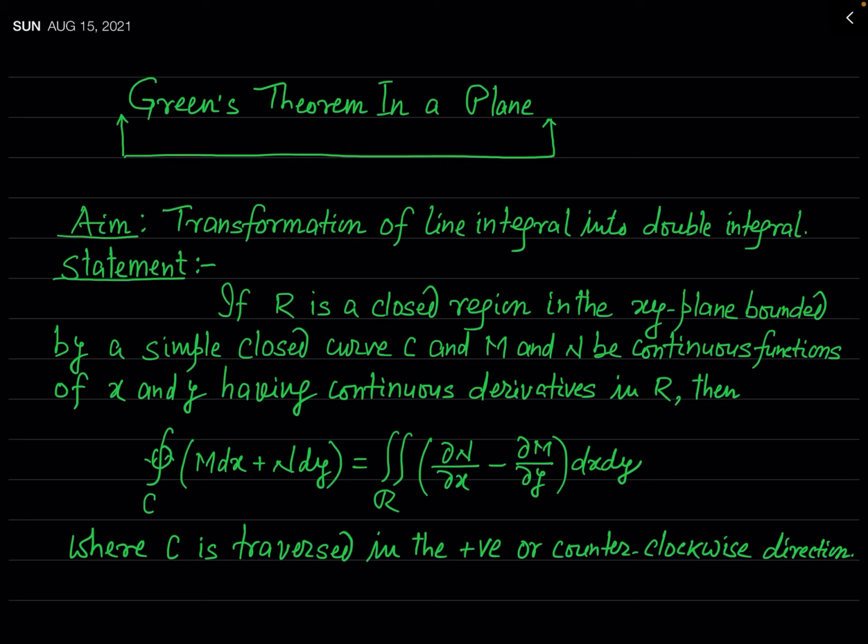You have seen the divergence theorem aims to transform the normal surface integral into a volume integral. In fact, any integral theorem has a particular aim, and Green's theorem in a plane is used to transform a line integral into a double integral. So this is the basic purpose of Green's theorem in a plane.